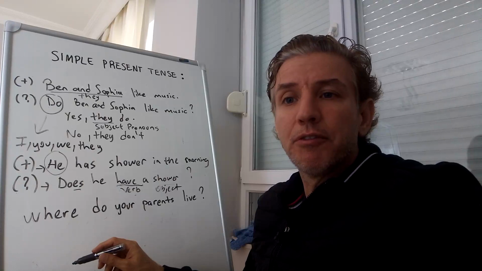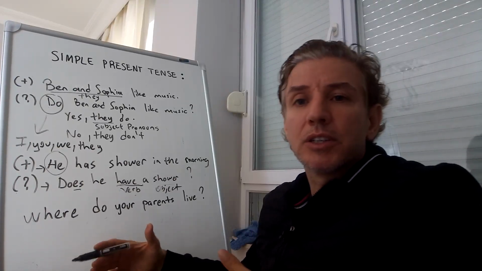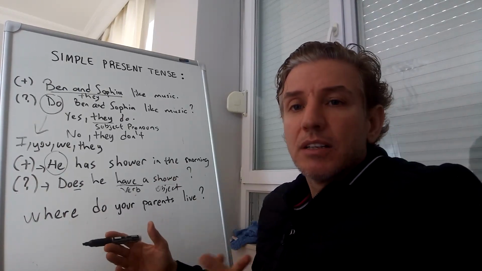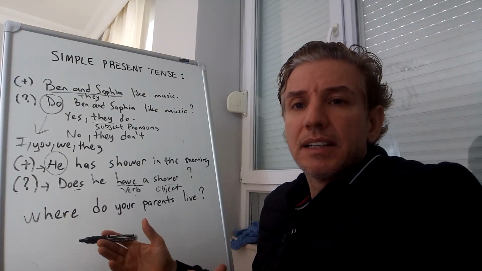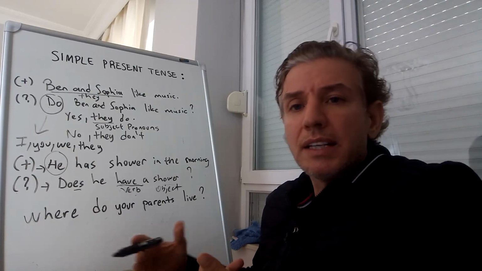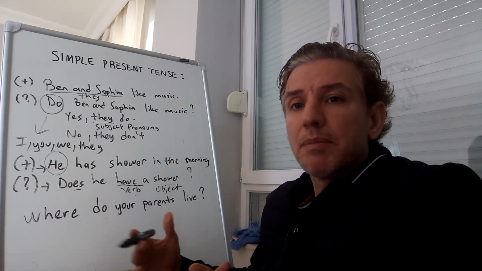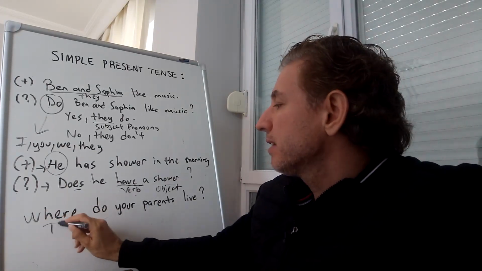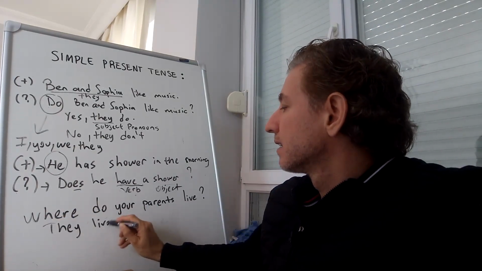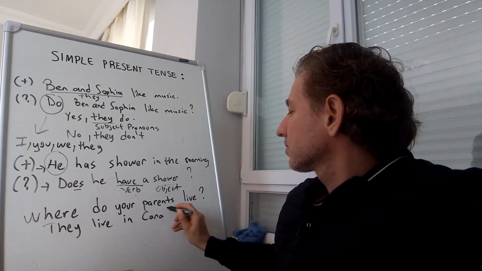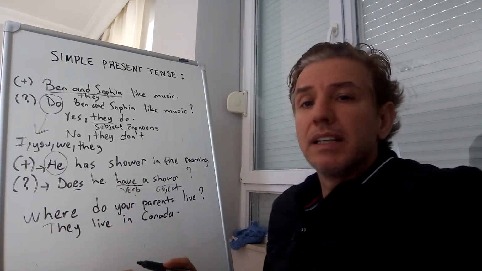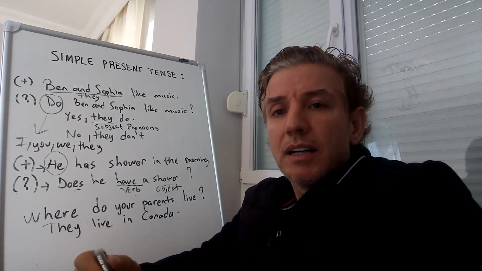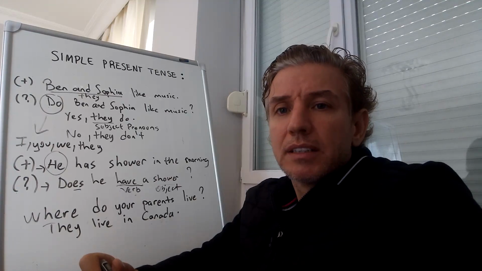This is an information question which requires some information from the hearer, okay? You are the speaker, he is the hearer or receiver. So you ask him a question about some information. Where do your parents live? They live in Canada. How often do you wash your hair?